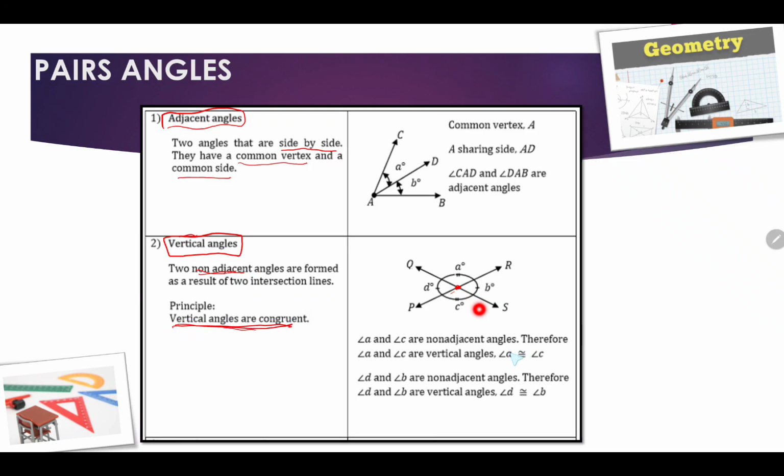So the measurement of angle A is congruent with the measurement of angle C. And angle D and angle B are also non-adjacent angles, so we call these two angles vertical angles, and they are also congruent.